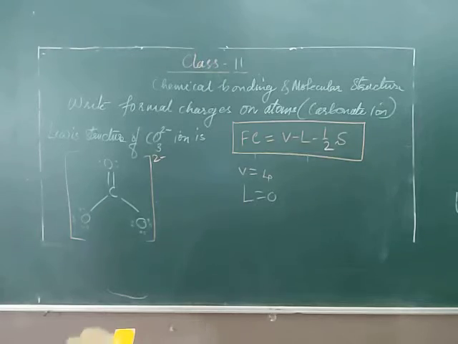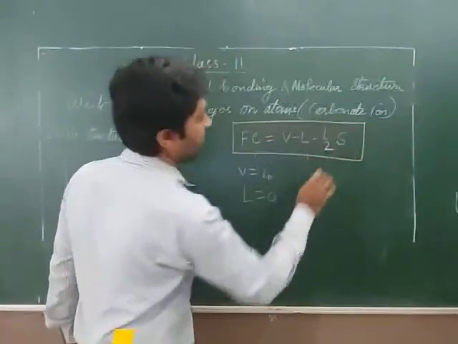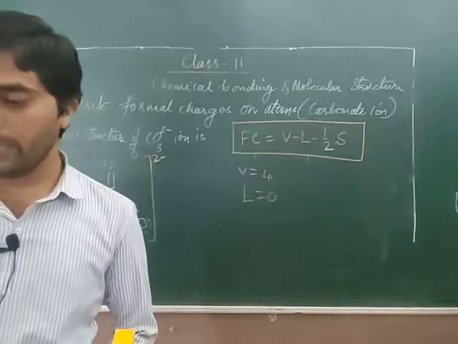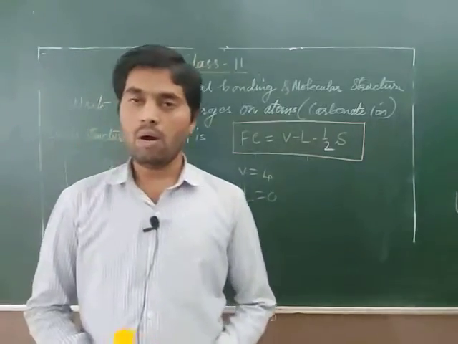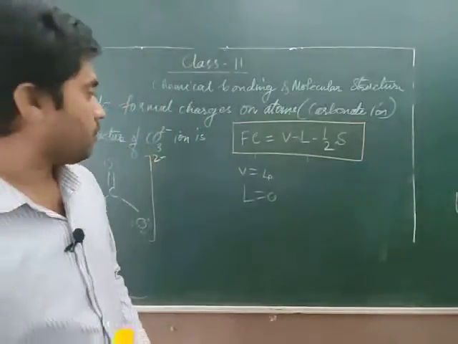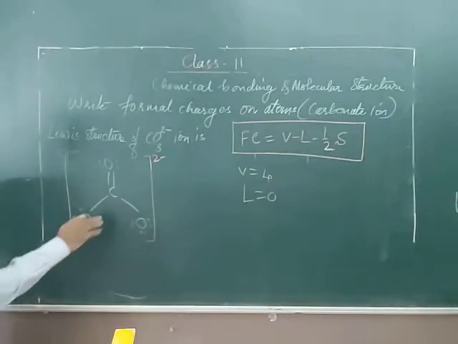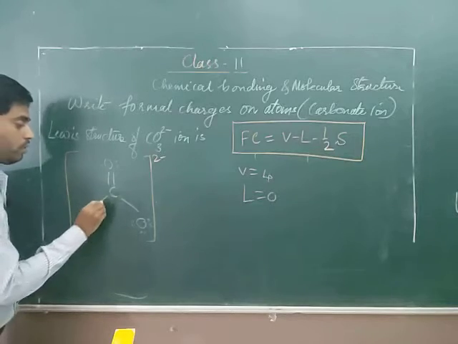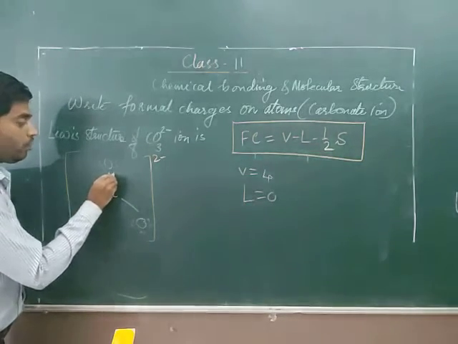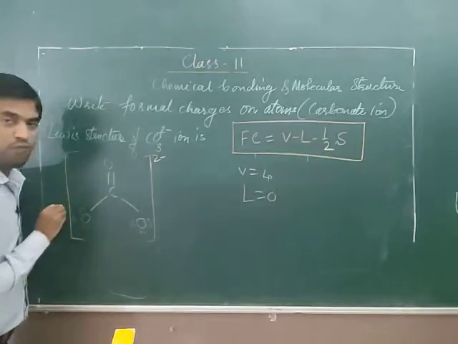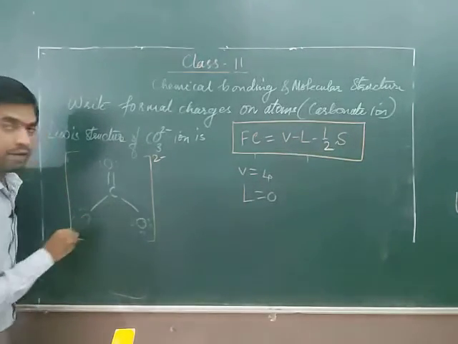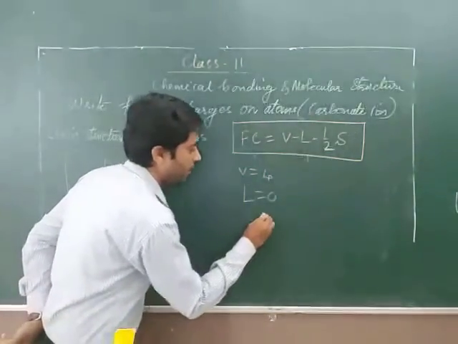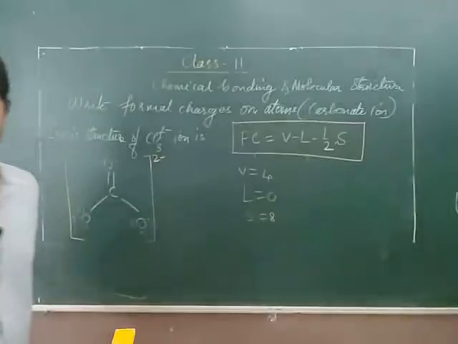Now we have half as it is, and we have S. S is the total number of shared electrons, or bonding electrons. Again see the structure. This is the carbon with 4 bonds: 2 electrons, 4 electrons, 6 electrons, 8 electrons. So the value of S is 8.